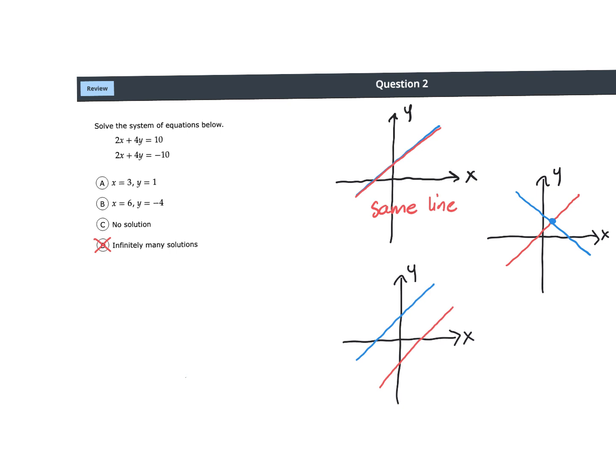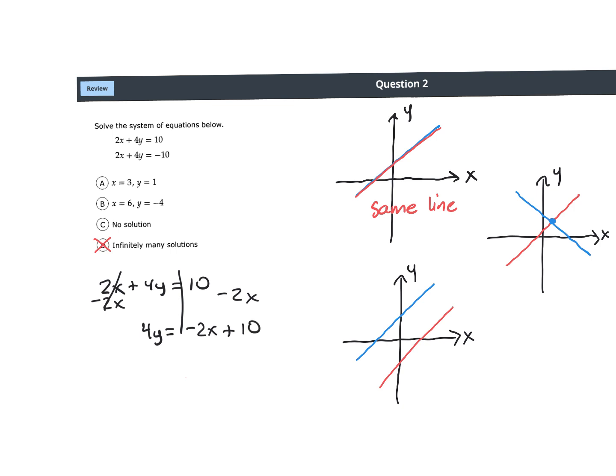Some of you may be able to see this just by looking at the form that it's in right now, that in fact there is no solution, but I'd like to prove it to you. So you have your 2x plus 4y equals 10. Let's get that into y equals mx plus b form by moving our 2x to the other side. So I'll put a line down the middle, and you'll have your 4y equals negative 2x plus 10.